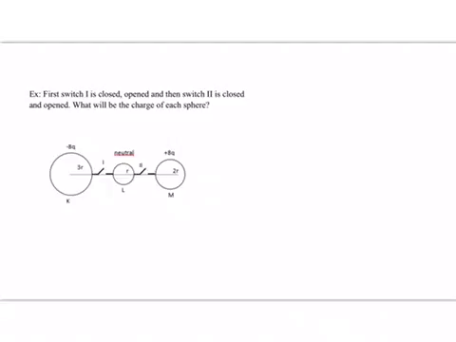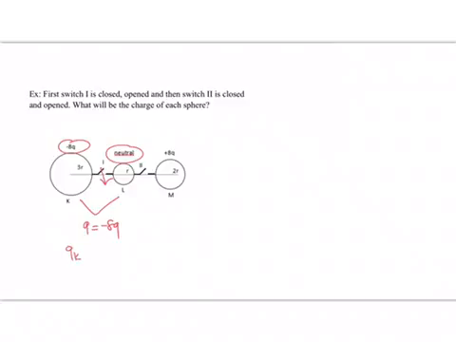In this example, switch 1 is closed, then opened, and then switch 2 is closed and opened. What will be the charge of each sphere? First, if I close the first switch, then K and L will share the total charge. The total charge here is equal to minus 8q because L is neutral.